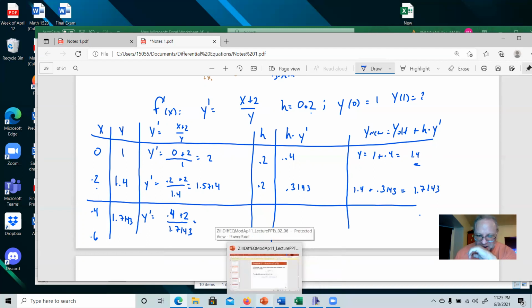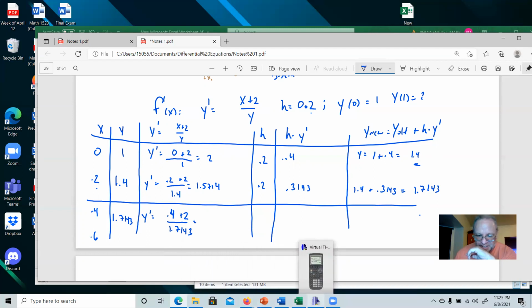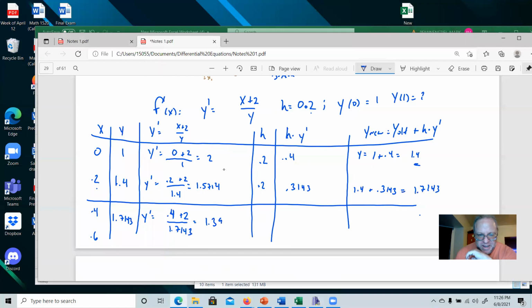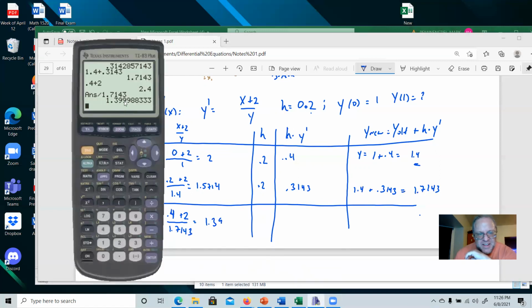So let's go ahead and take a look at 0.4 plus 2, 2.4, divided by 1.7143 equals, okay, and this was 1.39. Actually, if I round to the third decimal place, that's going to bump all this up. It's going to be 1.40 again, isn't it?